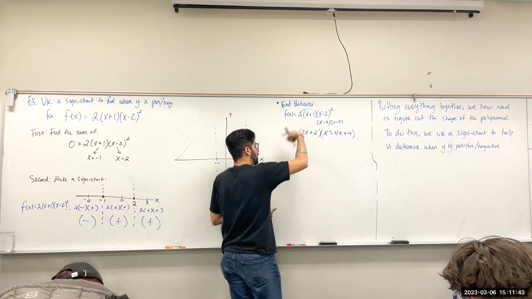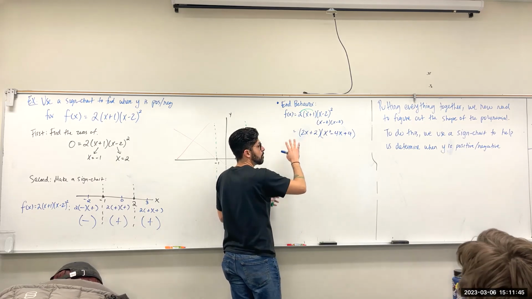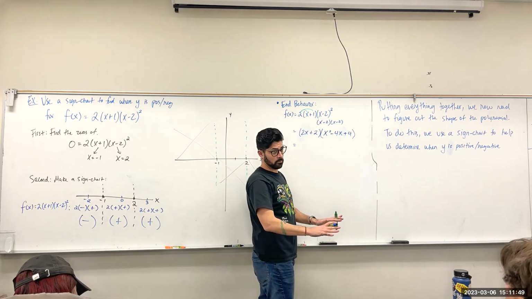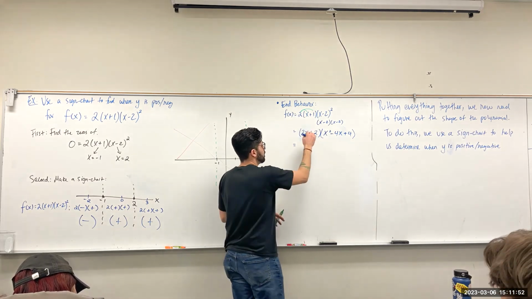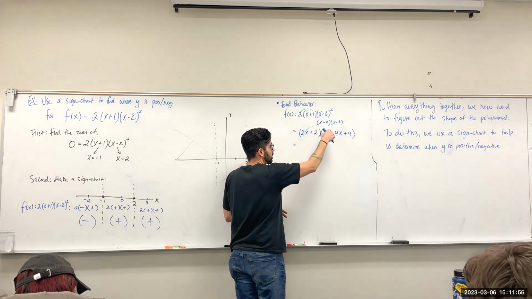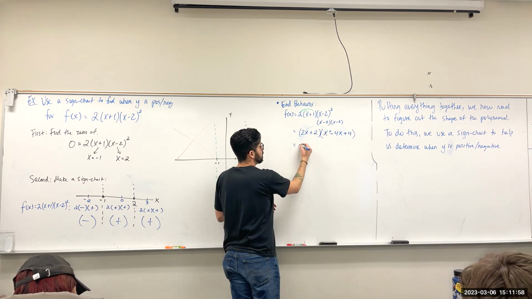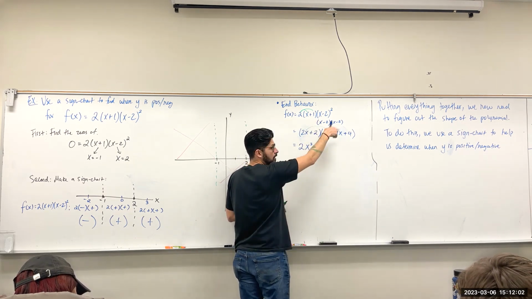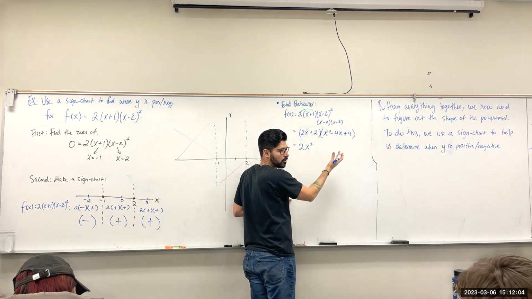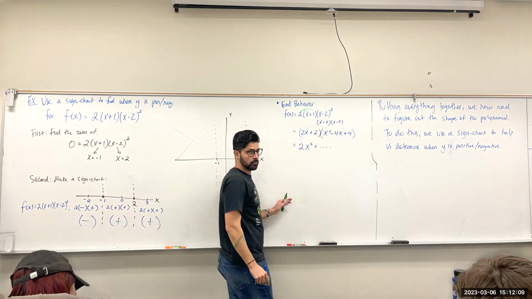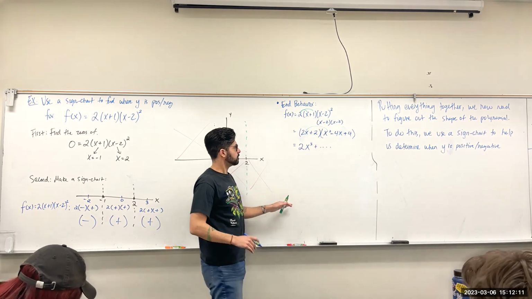And then if I FOIL that out, remember, you just want the leading term, the one with the highest exponent. So if you multiply the highest exponent in this factor with the highest exponent in that factor, it's going to be 2x to the third. I can keep FOILing, but do I need to? No, I don't care about the rest. I just care about the leading term.